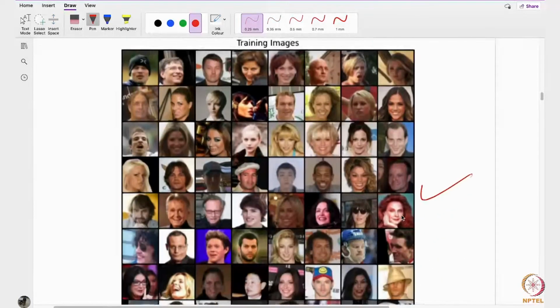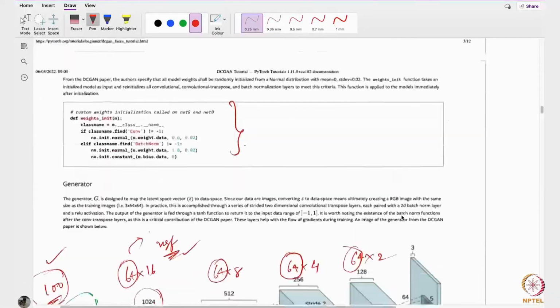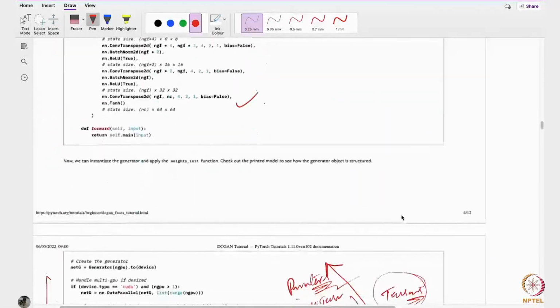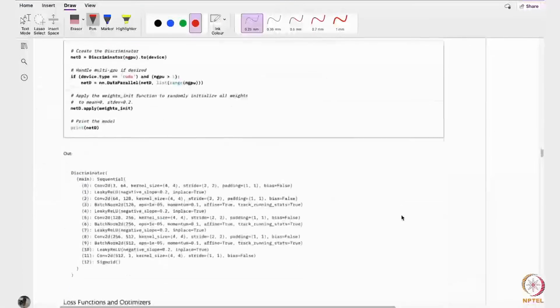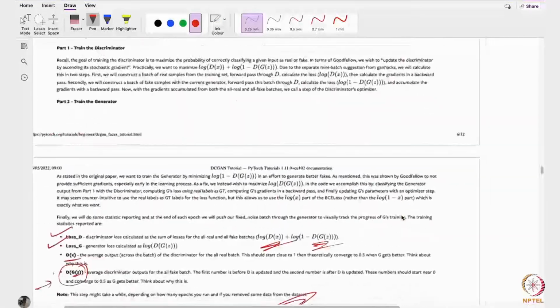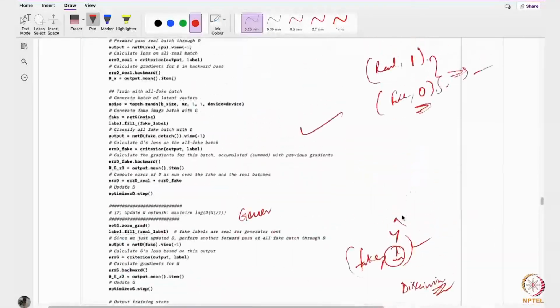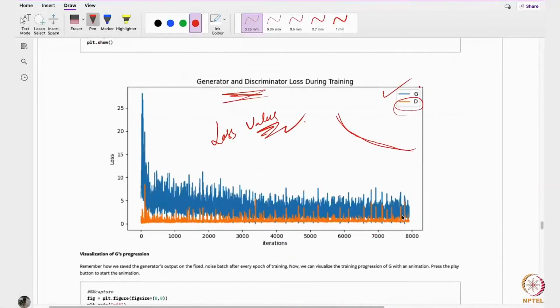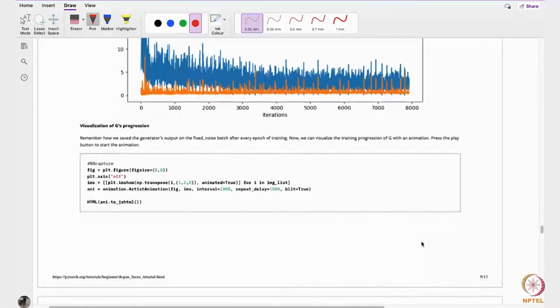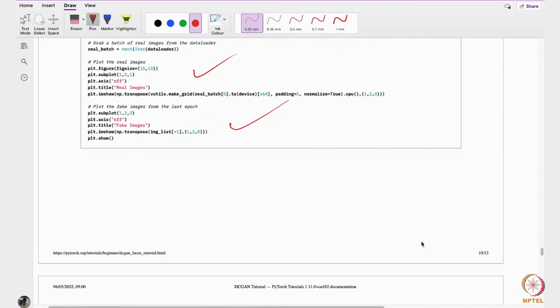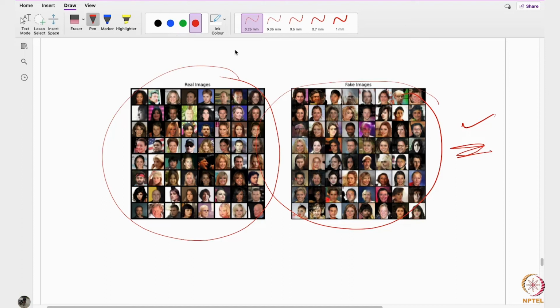Later on, the training loop will come: generator, discriminator, loss functions, training loop, and we have drawn the graph of generator and discriminator loss during training. And at the end, we have drawn the images generated by the generator and real images that are present in the training data. That's it, nothing else.